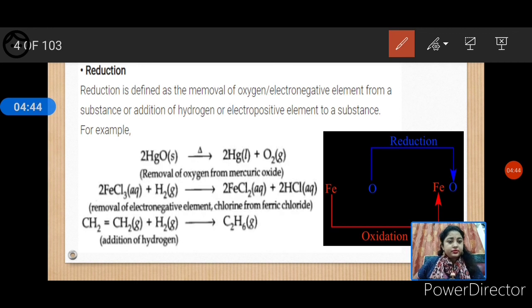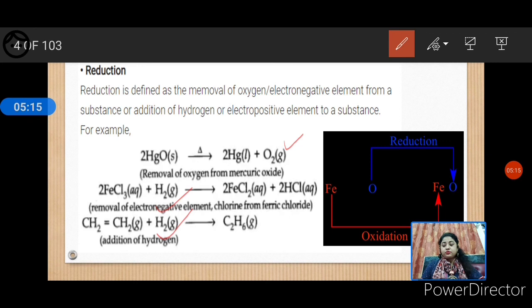Mercuric oxide, when heated, gives out oxygen. Ferric chloride, when hydrogen is reacting with ferric chloride, hydrogen is being added. So addition of hydrogen is your reduction reaction. And the same again, addition of hydrogen, one more reaction is given here. You can see that hydrogen is being added. So it is reduction, and removal of oxygen is also reduction.